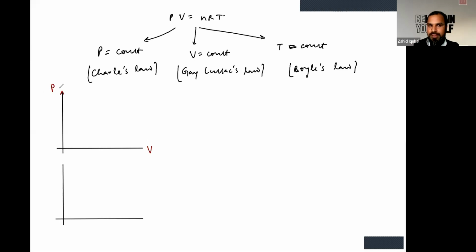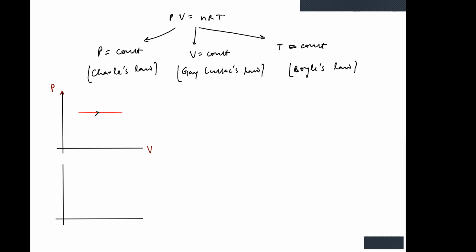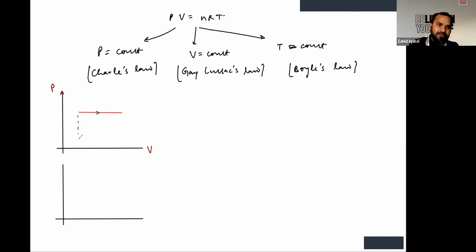Since pressure is constant, it will be a straight line since pressure is not changing, like this. Is it clear? Yes, sir.